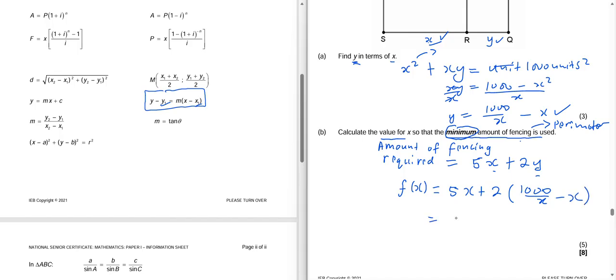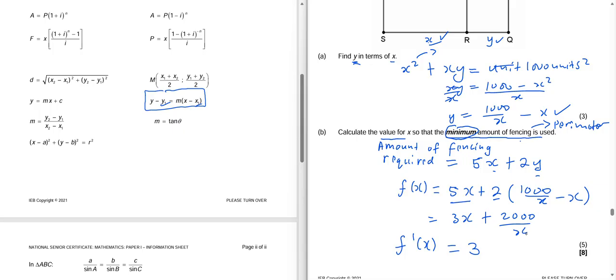and that is going to be 5x plus 2 times minus x, that is what? Minus 2x. So 5x minus 2x, that is 3x, plus this time it will be 2000 over x. Now we need to find the derivative of that, which is f prime of x is going to be 3 here.